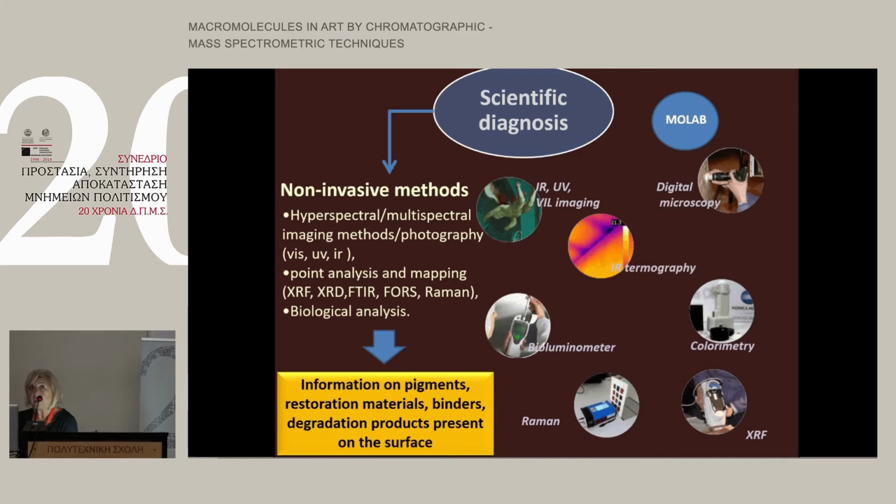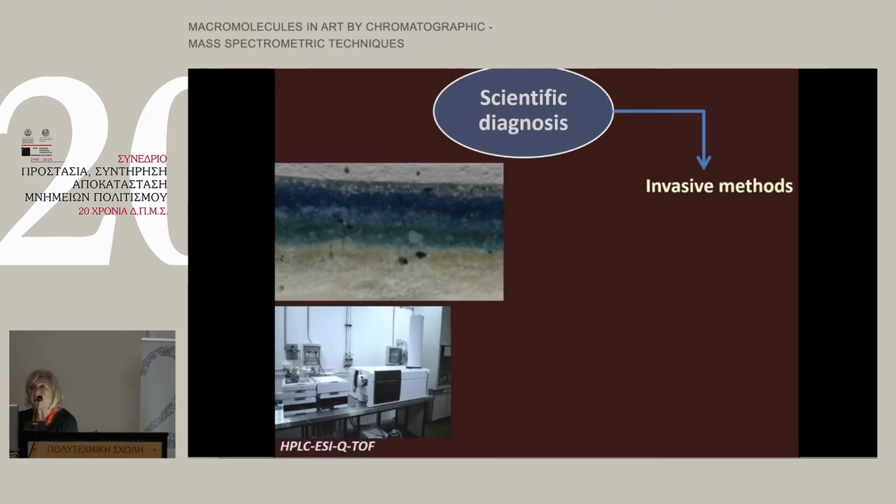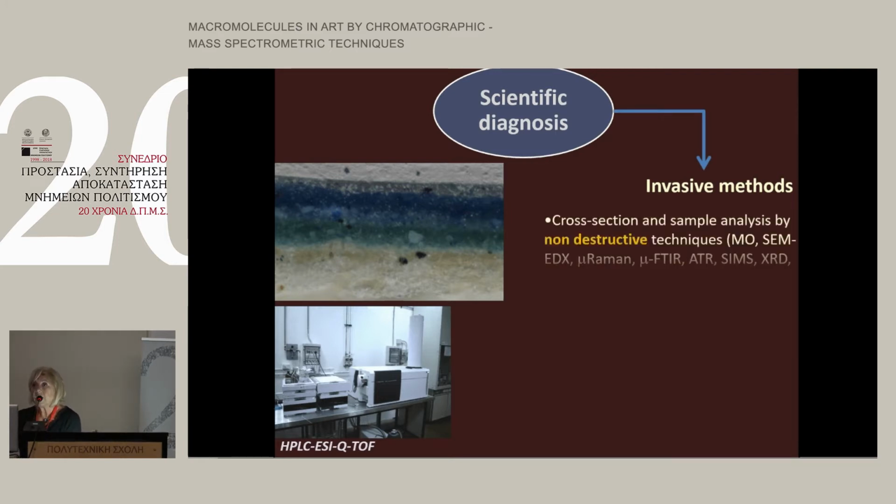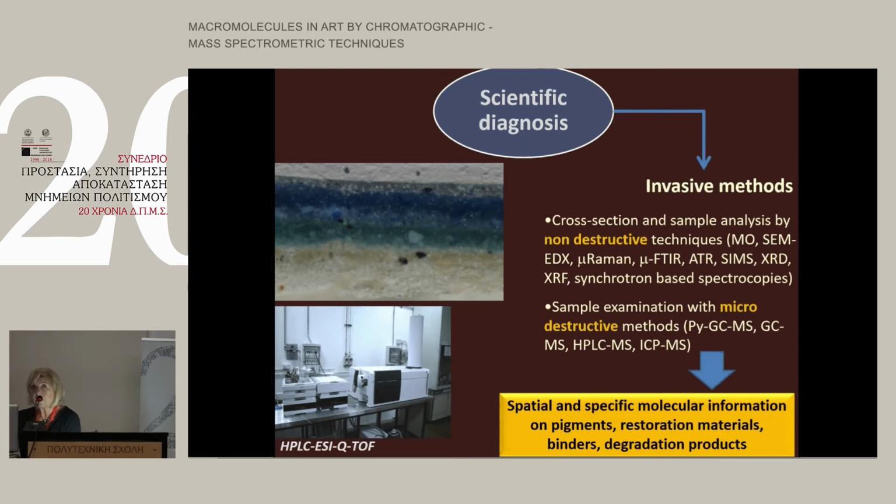If you want to deepen your knowledge and to know the layering and the material used under the surface, you have to pick up some very tiny samples, and with these samples you can use invasive methods. First of all you have to make cross-sections and analyze inside the cross-section, using several spectroscopic techniques, which pigments are in each layer and which are the contaminants.